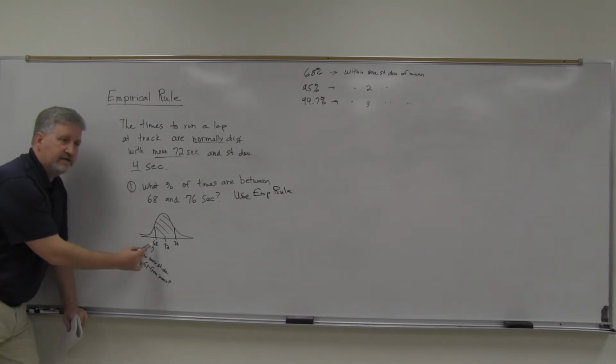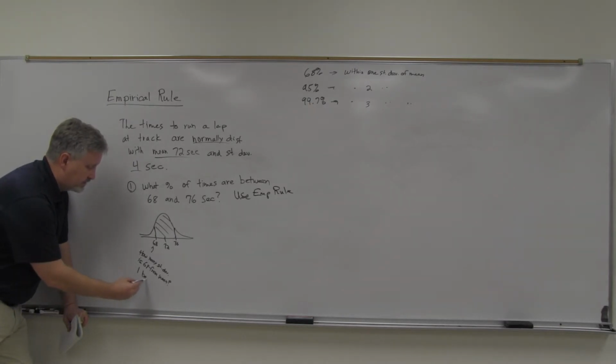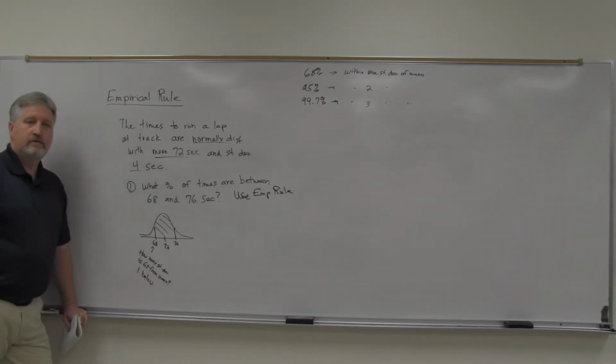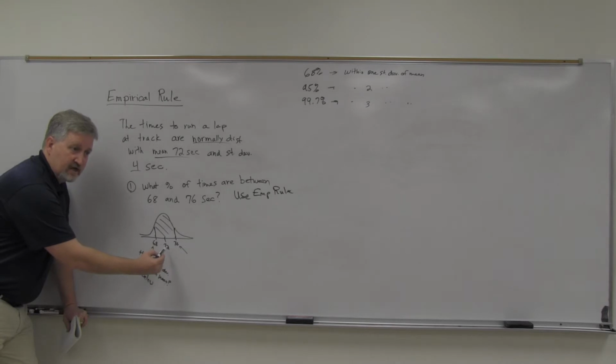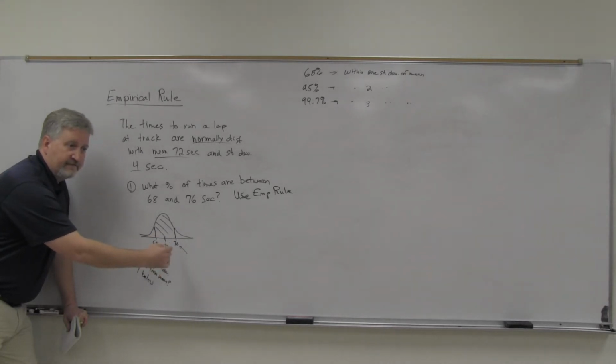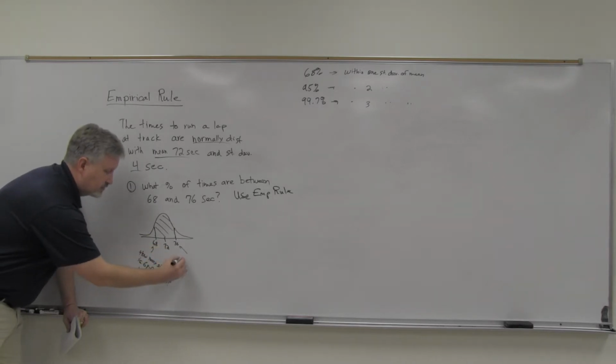And so 68 is 1 below the mean. What about 76? Well, 76 is 1 standard deviation above the mean, because the standard deviation is 4. So I'd add 4, in other words, 1 standard deviation. So that's 1 standard deviation above.